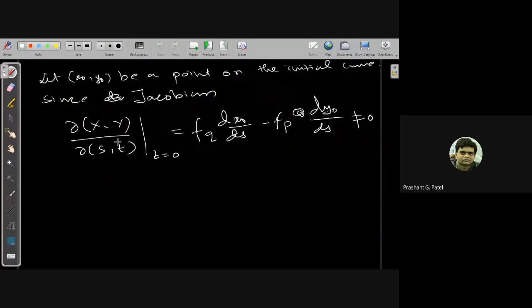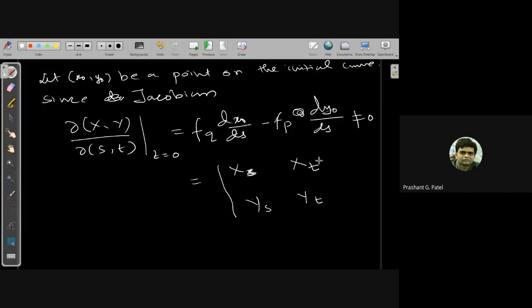And why is it equal to this one? The Jacobian that we have can be written as the determinant of xs, xt, ys, yt at t equal to 0.